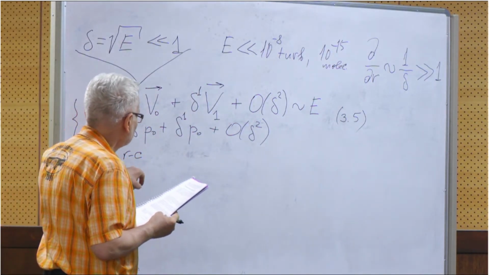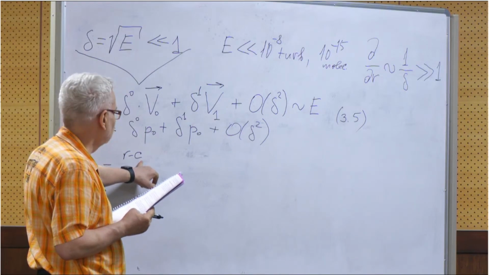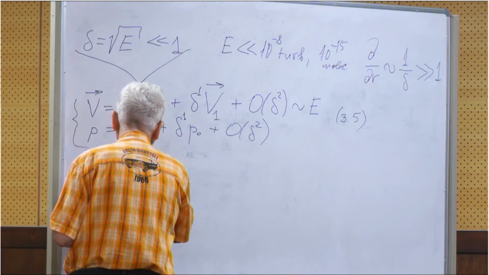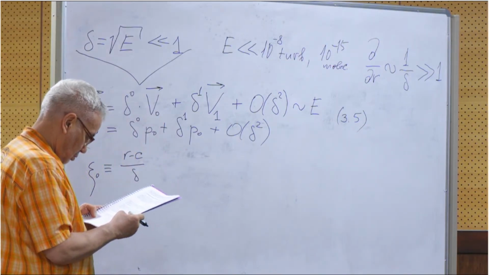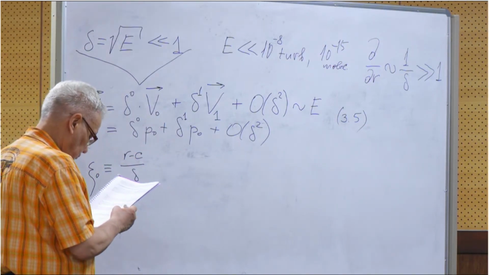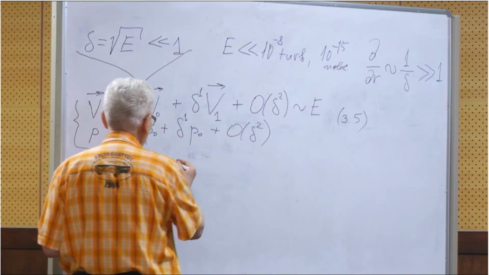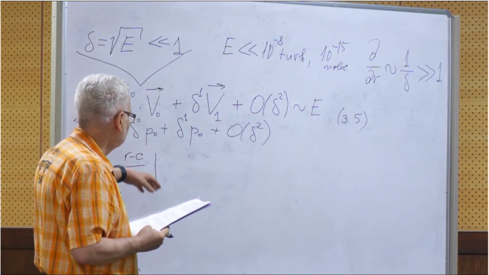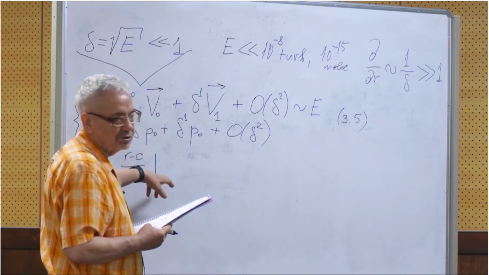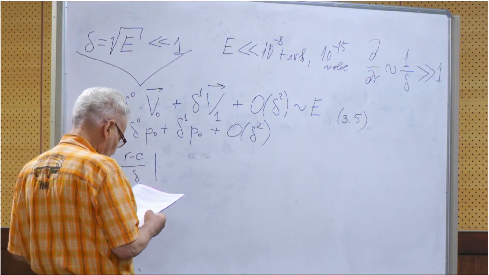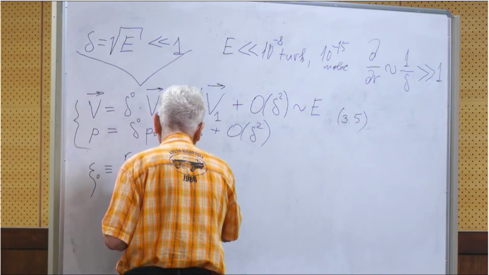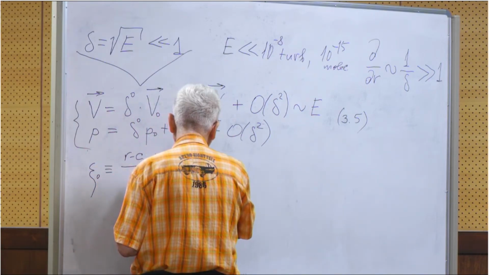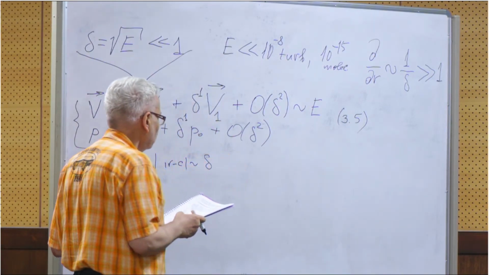So we have a radius very close to the radius of the outer boundary, which is 3, as I remember, in the Earth's case, and we divide it by delta. This is at the outer boundary, under the condition that the modulus of R minus C is of the order of magnitude of delta, so close, in the boundary layer.